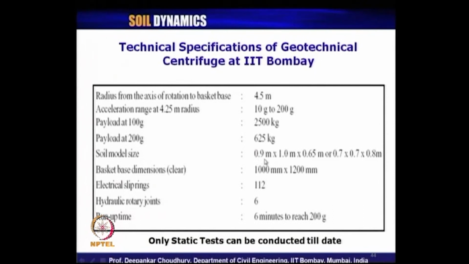Soil model size depends on the size of your container box, of course, but there is a basket size. Based on the basket clear dimensions, you can create your container size, and within that you can put your model. Run up time is about 6 minutes to reach 200 G.